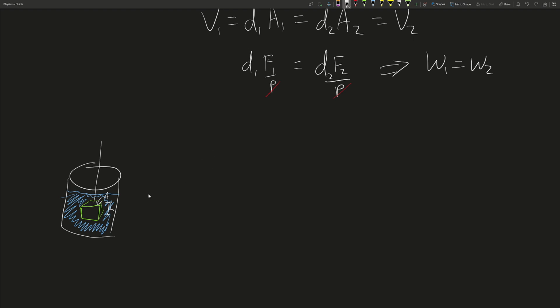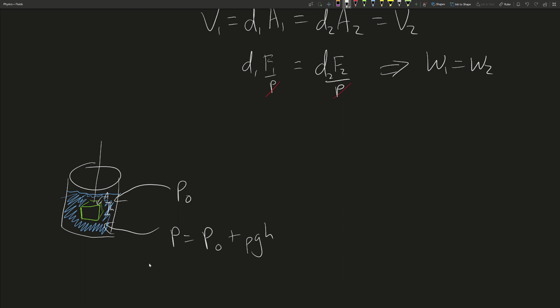Let's just say this is P0. The pressure at the top is P0. That means the pressure at the bottom here is going to be equal to P0 plus rho g h, because the pressure at the bottom here from the water or the liquid only depends on the height of the liquid, because of its uniform density.